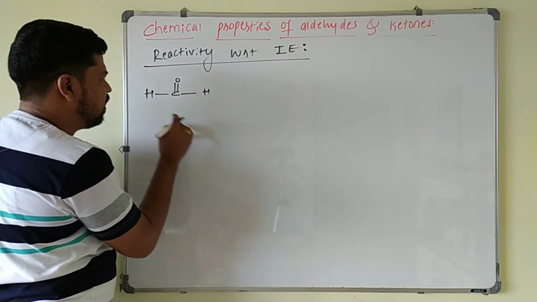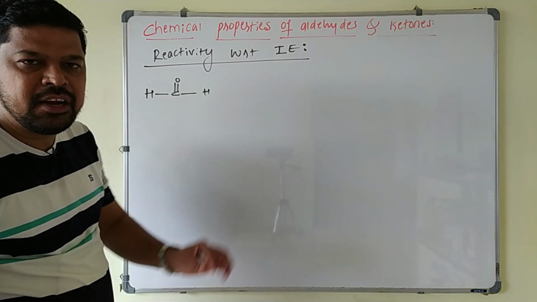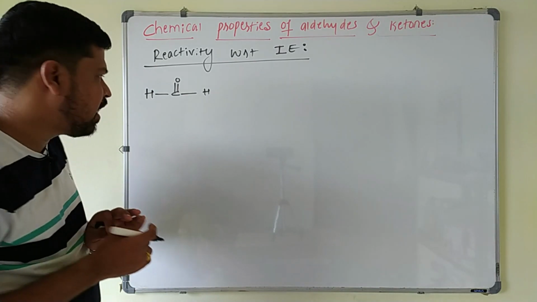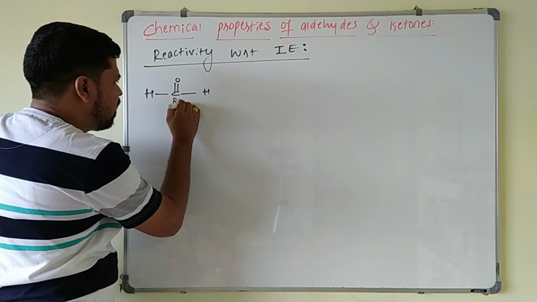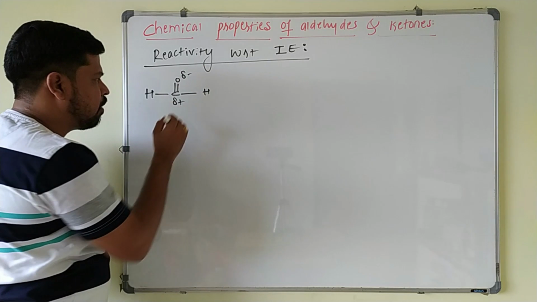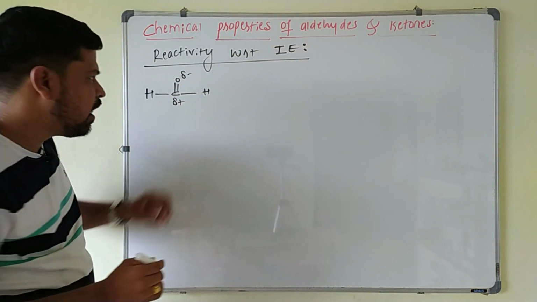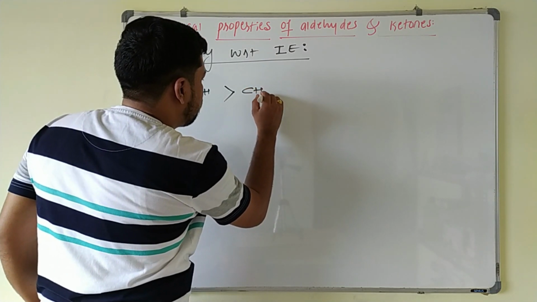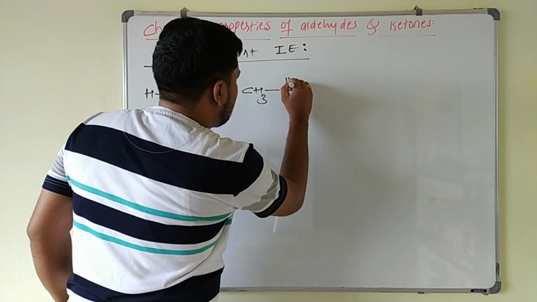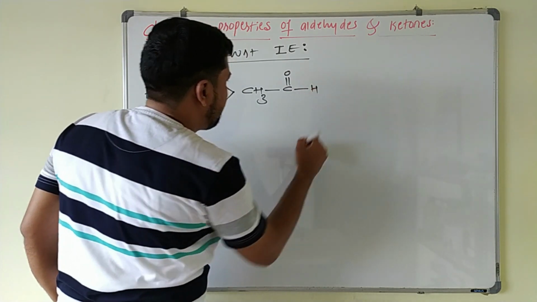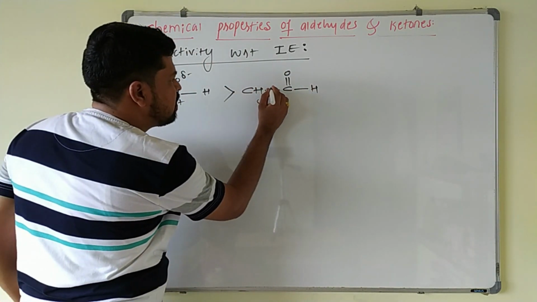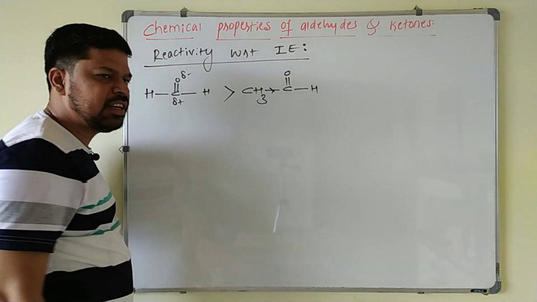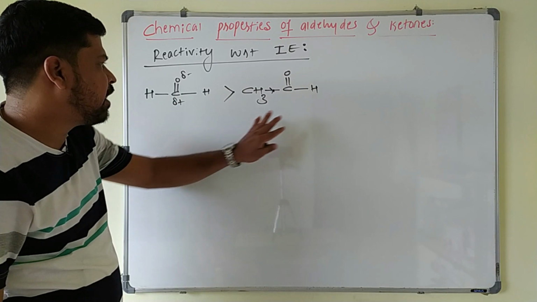You can observe here this hydrogen, already we know that it will show zero inductive effect, it will not release any electron density towards the carbonyl carbon, so there is no decrease in the positive charge density on the carbonyl carbon. It is more reactive as compared to acetaldehyde. Here this alkyl group releases electron density towards the carbonyl carbon, that's why positive charge density is decreasing here. So this is more reactive than this one.